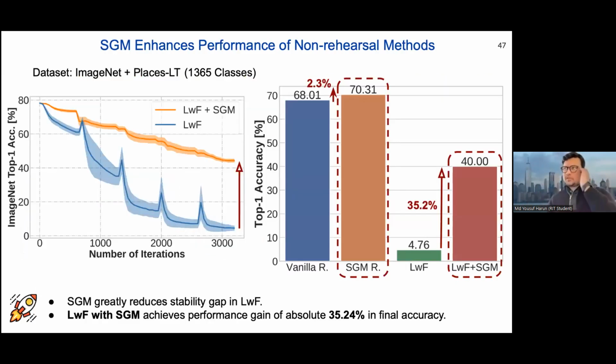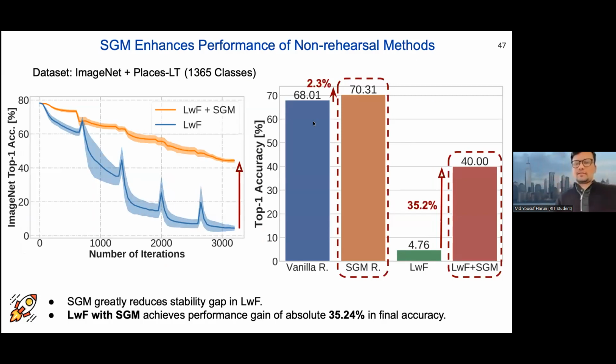Beside rehearsal-based methods, we also explored a non-rehearsal method. For this, we selected learning without forgetting, which is widely used in continual learning and is based on knowledge distillation. Here we try to see what happens if we apply our strategy to this non-rehearsal method.